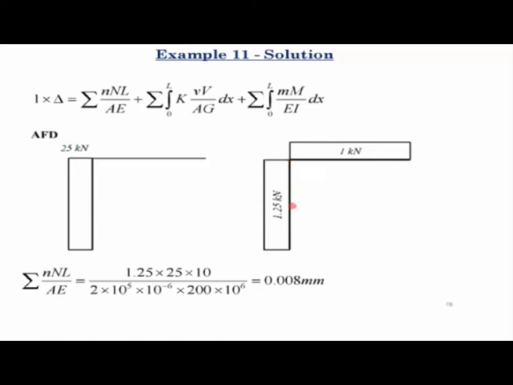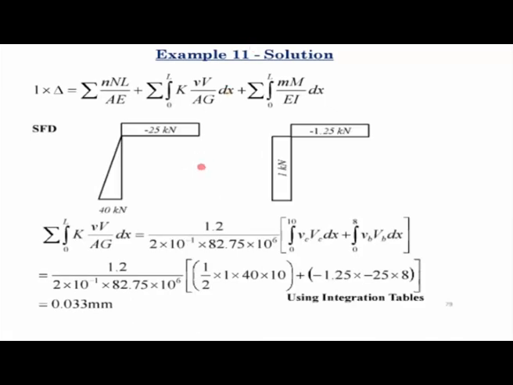Under virtual load small n is 1.25. So put small n as 1.25, capital N as 25, L as the length of the member which is 10, and A and E are given. This is the deflection of joint C due to axial deformations. This is just the first term that you see here.